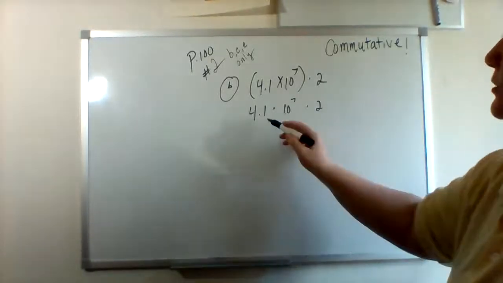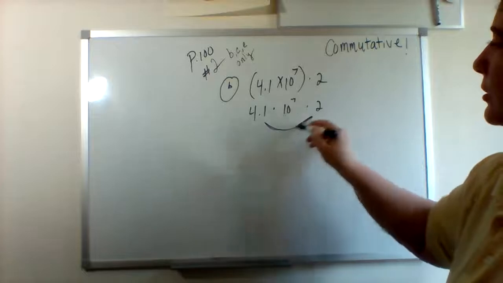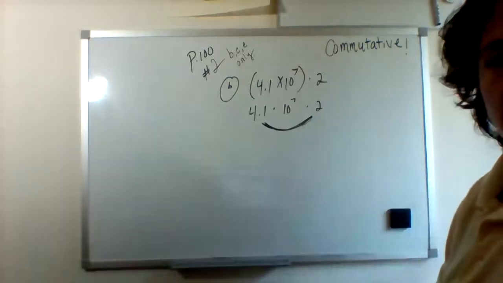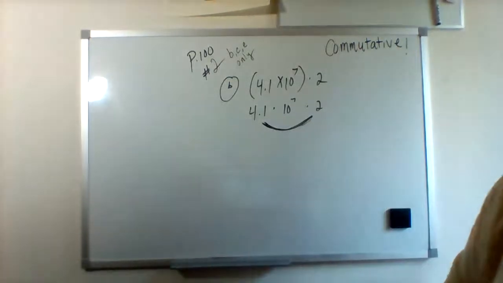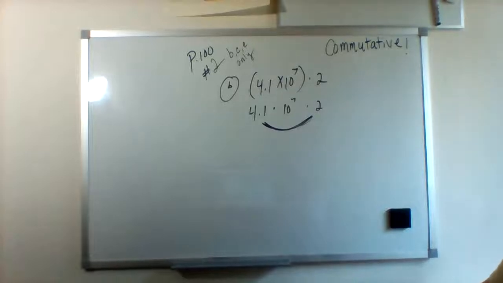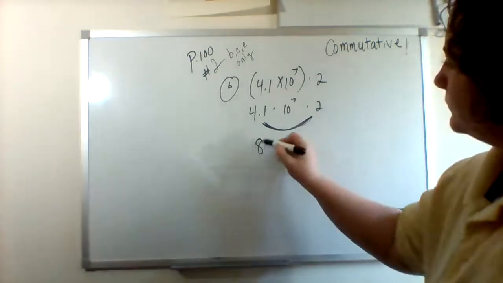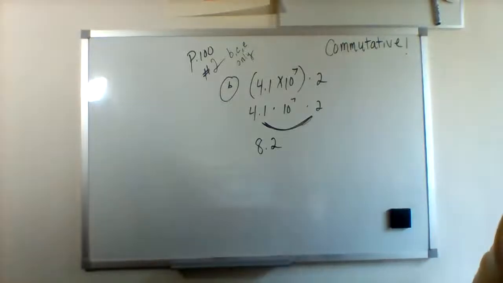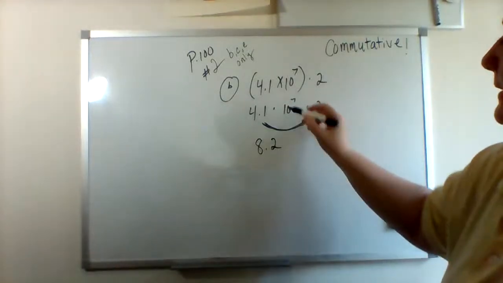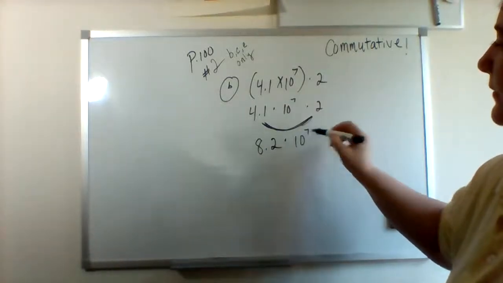So let's multiply the two that look the most alike. What's 4.1 times 2? I didn't do anything with my 10 to the 7th.